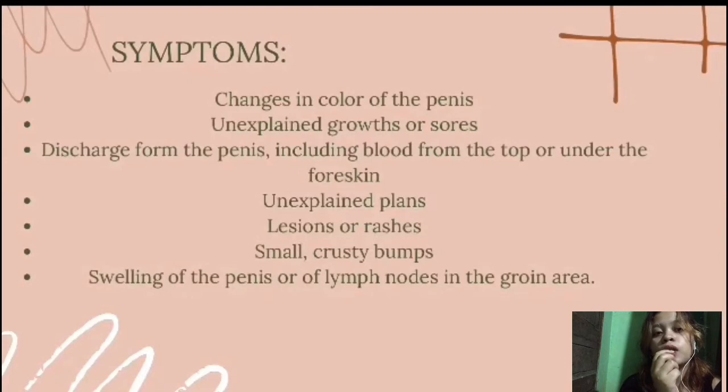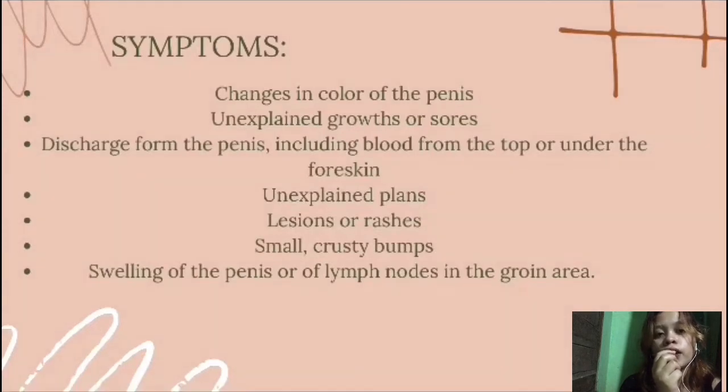Second, unexplained growths or sores. Discharge from the penis, including blood from the tip or under the foreskin. Unexplained lesions or rashes. Small crusty bumps, swelling of the penis, or swollen lymph nodes in the groin area.